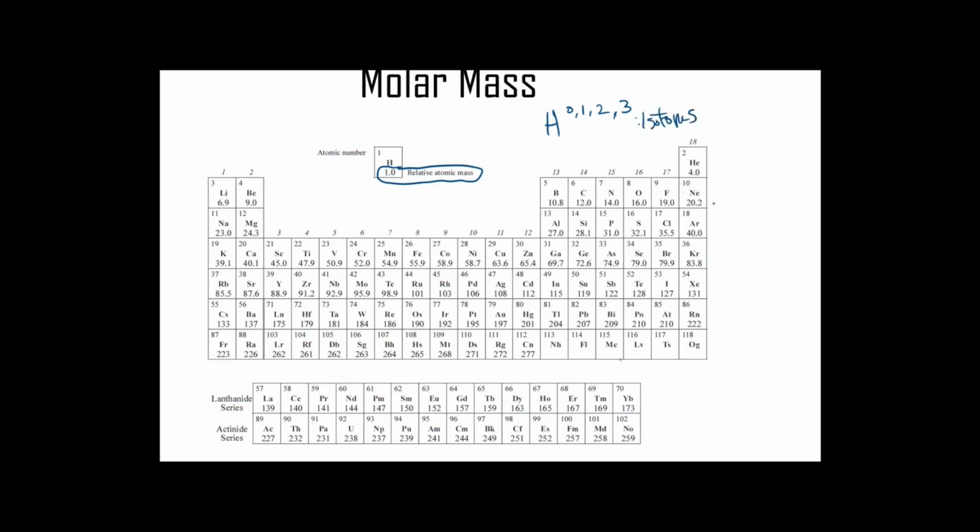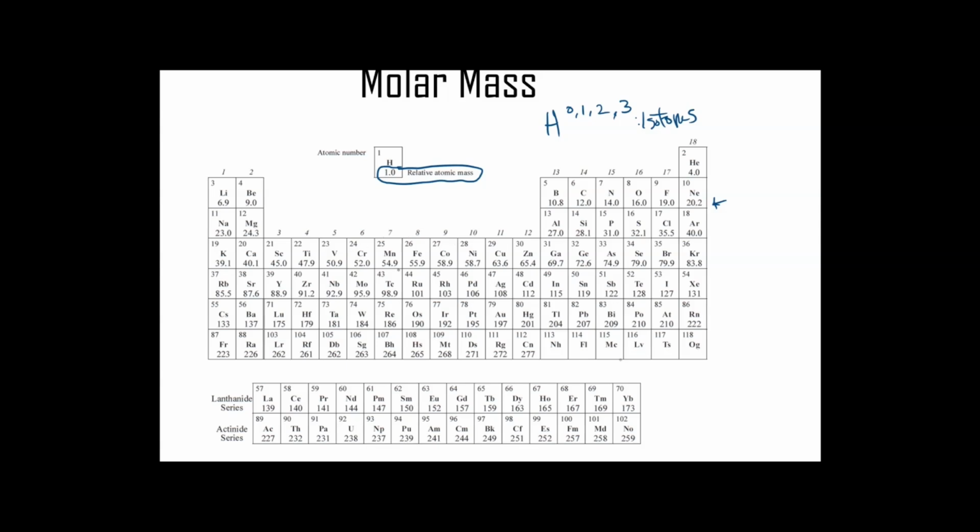So this number that we have here, so neon has a relative atomic mass of 20.2. It means that most of the time it has a molar mass of 20, but sometimes there are isotopes where there is an extra neutron in there. So that's why it's not quite exactly 20.